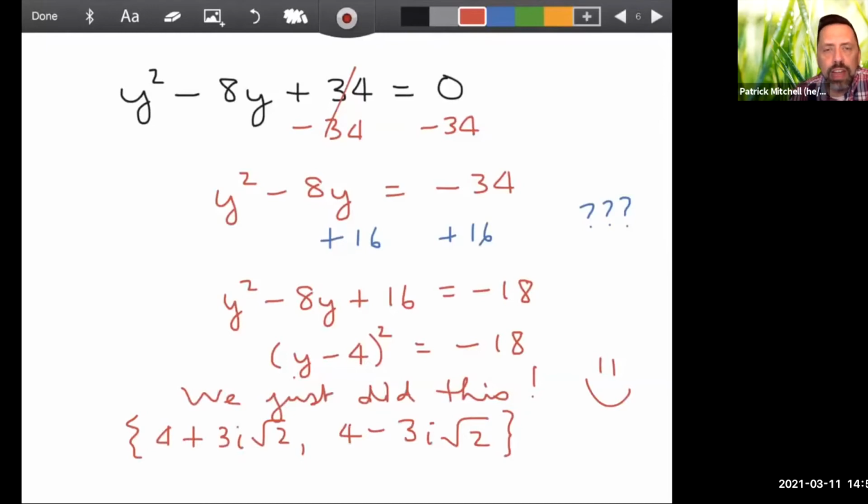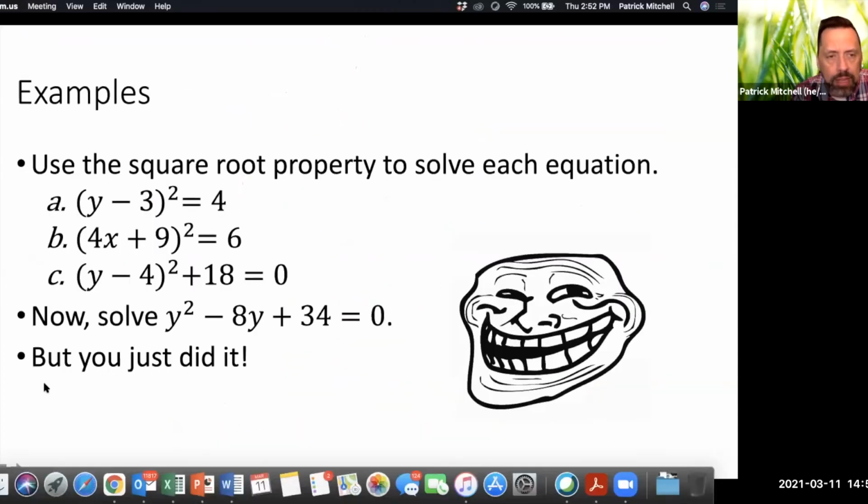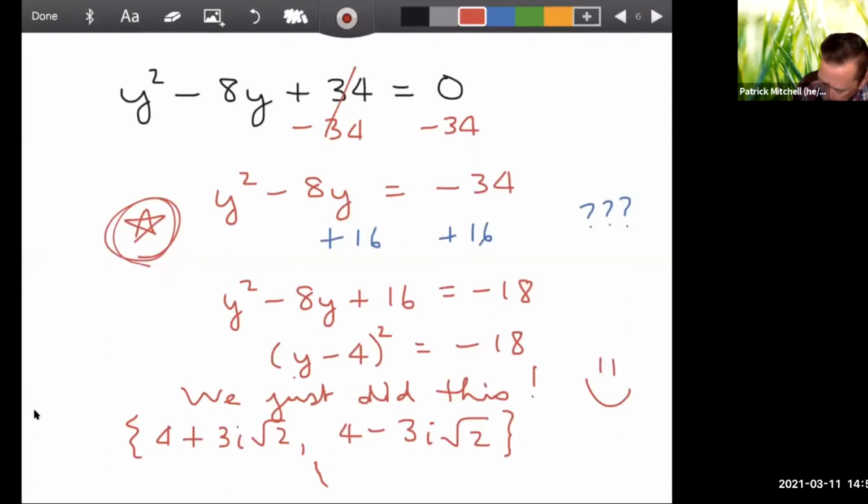Okay, so a good magician never reveals his tricks. Fortunately, I'm not a good magician, so I'm going to tell you how I came up with this plus 16. And that is called completing the square. So let's go back to the presentation. Hopefully you can see why it worked out that I had the y squared minus 8y plus 16 right here, because that allowed me to factor that trinomial into y minus 4 squared.